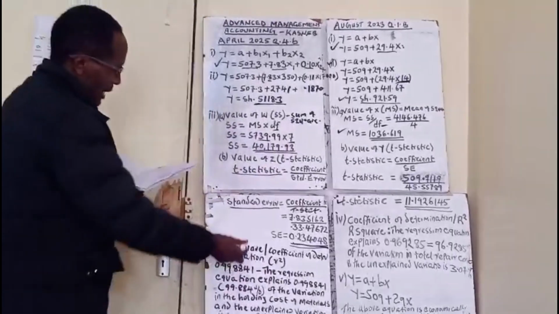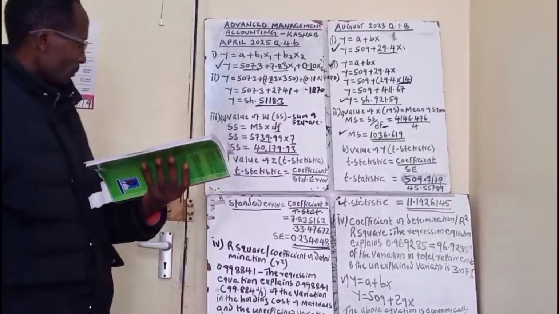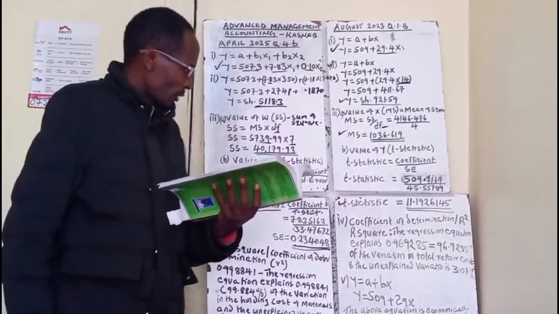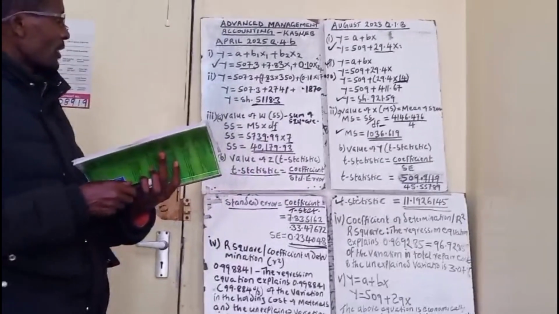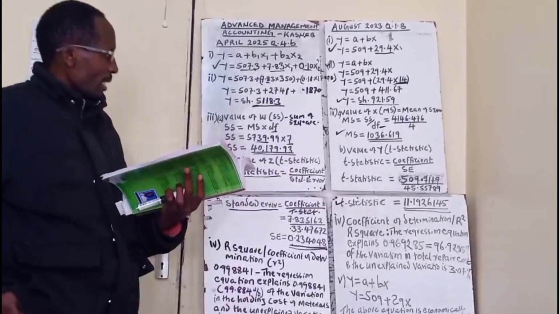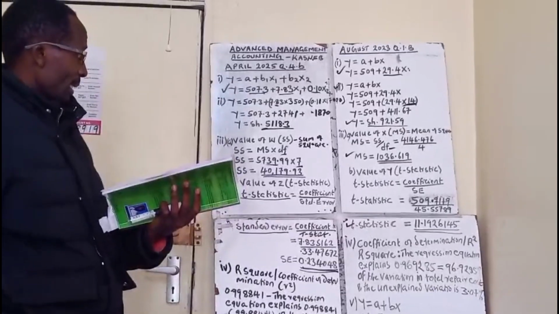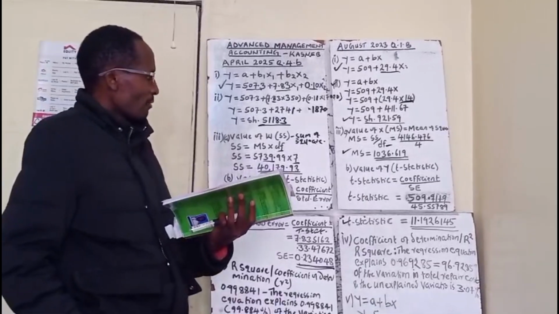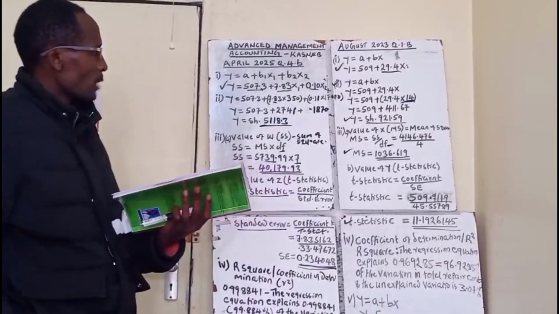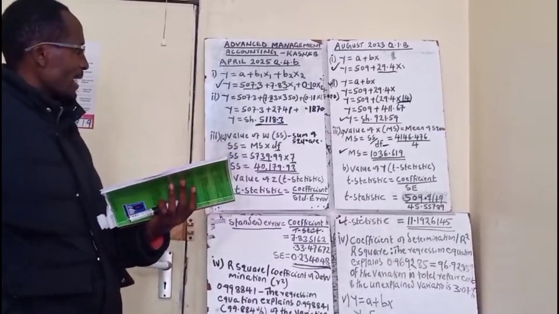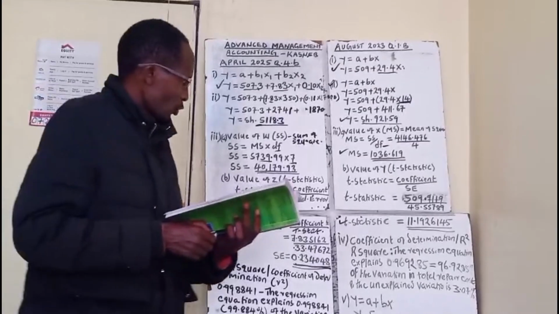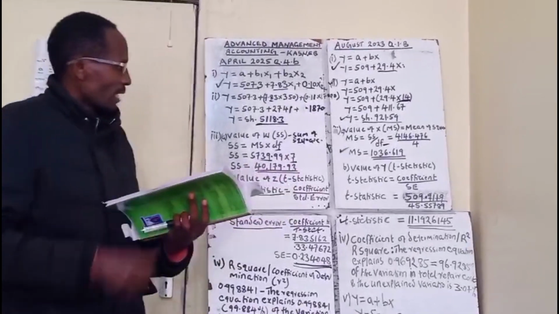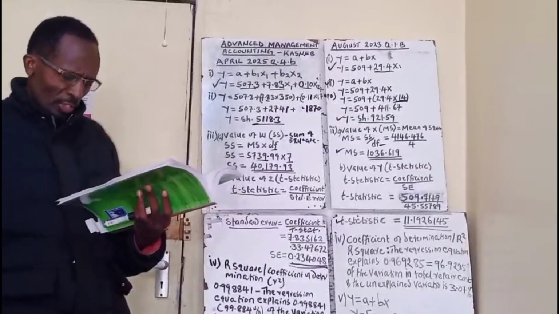Number 4, the question is to explain the explanatory power of the model using the coefficient of determination. The coefficient of determination is the same as R square, and it means that the regression equation explains 0.969285, or 96.9285%, of the variation in total repair cost, and the unexplained variation is 3.07%.